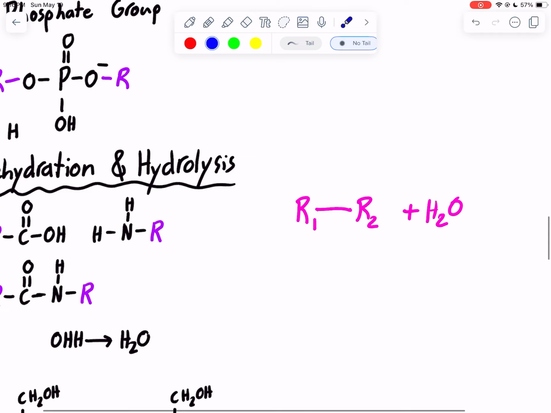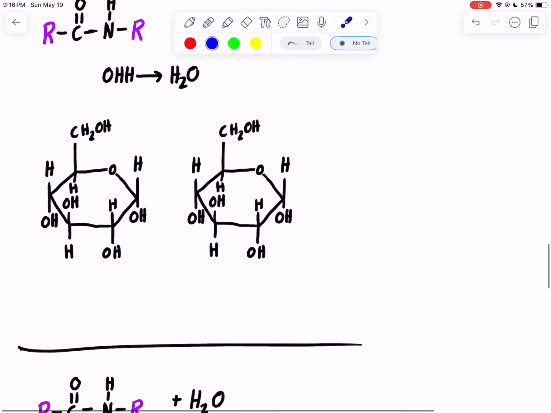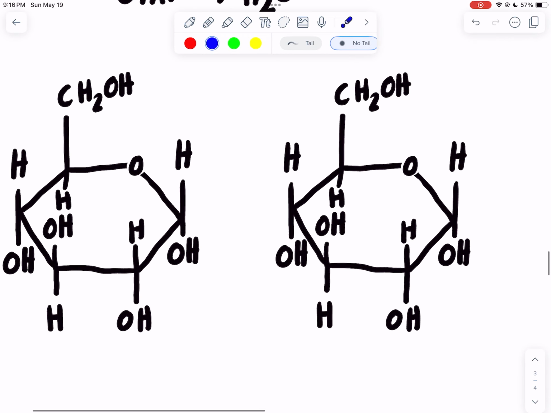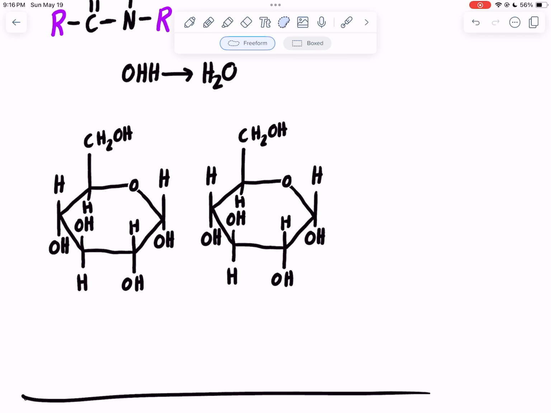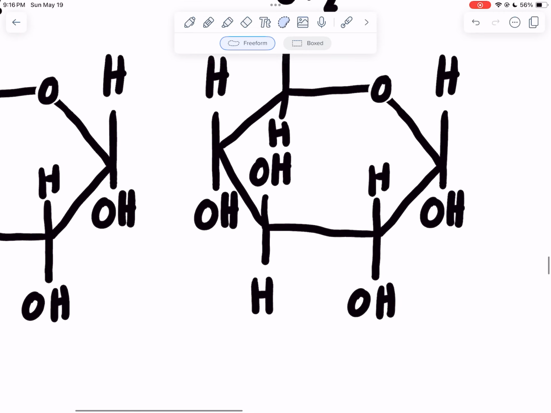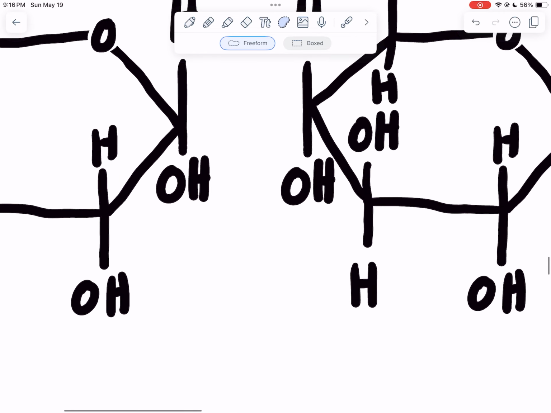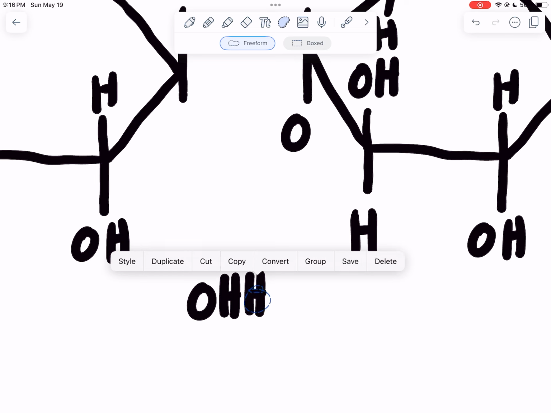And finally, the opposite of dehydration is hydrolysis, which is, oh, sorry, I got ahead of myself. Right here, this is relatively unimportant, but this is just with bigger molecules, another example of what would happen with dehydration. Right here are 2 glucose molecules, and if these were to undergo dehydration, what we would see is one OH group would get pulled out, and one H group would get pulled out from the other.